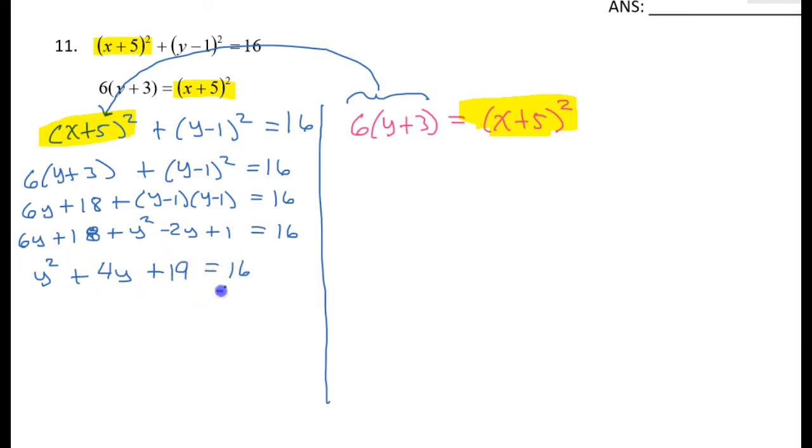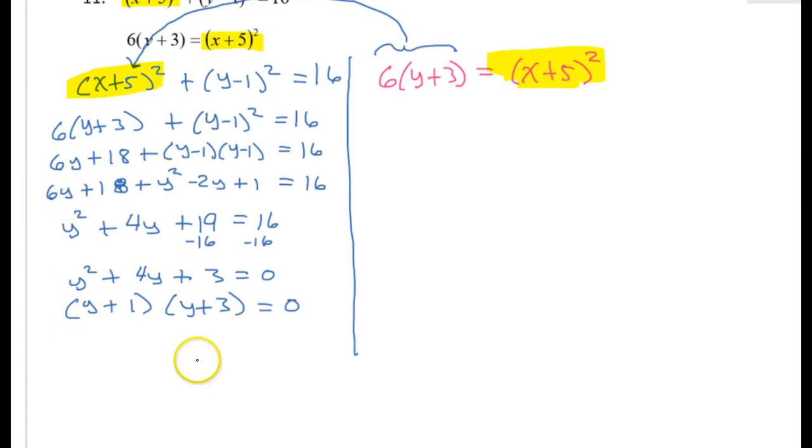I need 0 over here, so I'm going to definitely subtract 16 from both sides. So that's going to give me y squared plus 4y plus 3 is equal to 0. Let's solve by factoring. So this will be y plus 1 times y plus 3.